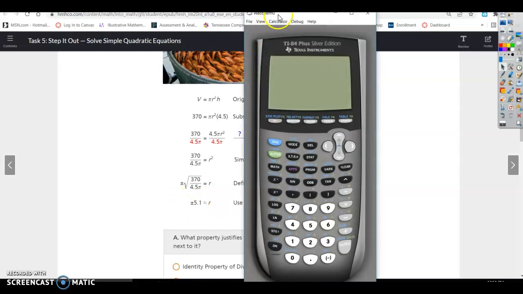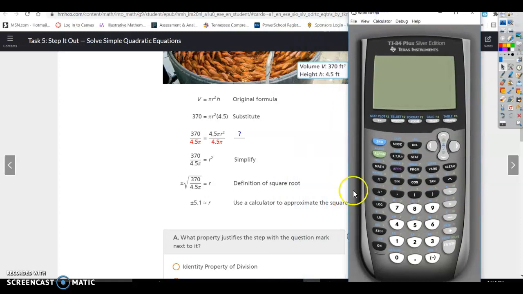So let's check our answer here. So if we have, second, x squared, that's our square root button, and then we're going to do 370 divided by, and I'm going to put this in parentheses because I've got two things I'm multiplying, so I want to make sure I do order of operations here, and the parentheses will make sure that happens.